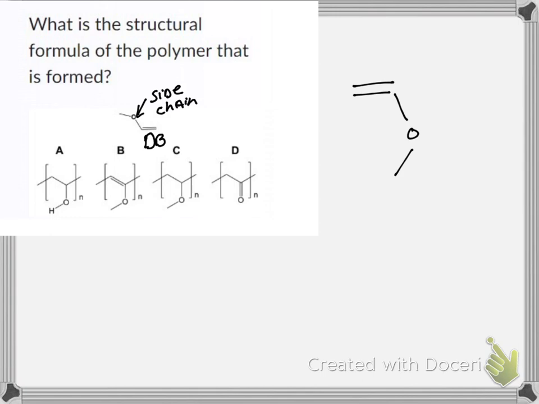What's going to happen is one of the bonds in this double bond is going to break open to create new connections, and the side chain does not change at all. It remains the same. So what we're going to do is take the double bond.